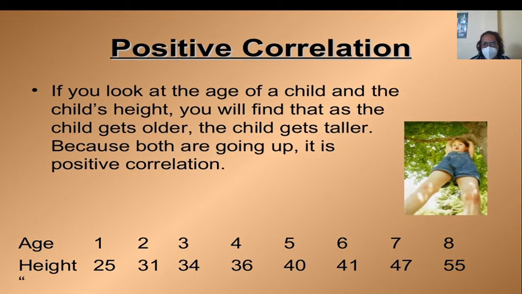Let's try an example muna. If you look at the age of a child and the child's height, you will find that as the child gets older, the child gets taller because both are going up. It is positive correlation. Nakuha nyo? Ito yung isang real life example under ng positive correlation.